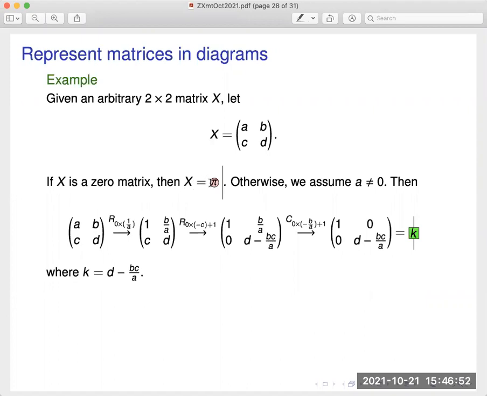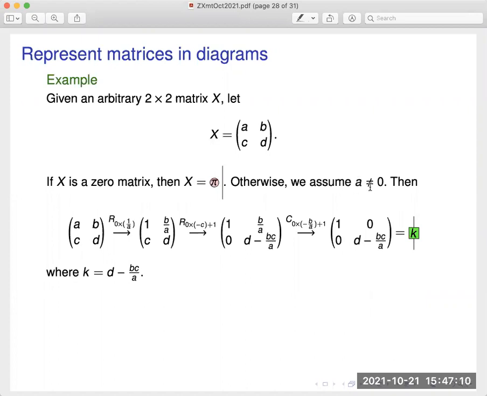You just put a scalar 0 here, with a straight line. Otherwise, we can assume A is non-zero. If this is not the case, you can just do some switch.